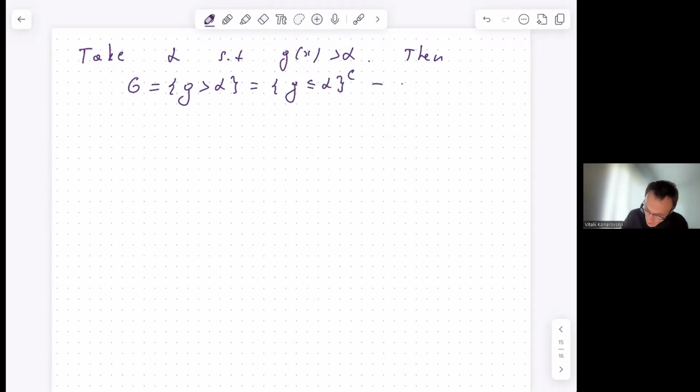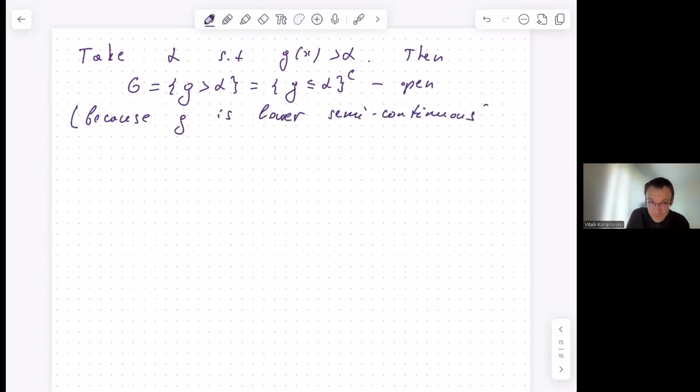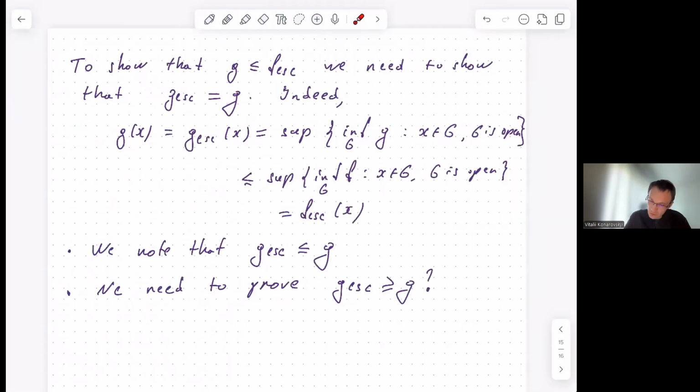So this set is open because g is lower semi-continuous. And also, x belongs to the set G, right? Because when you plug in x here, you will have that inequality according to the choice of alpha. So this set which we took here is one of the sets in this supremum.